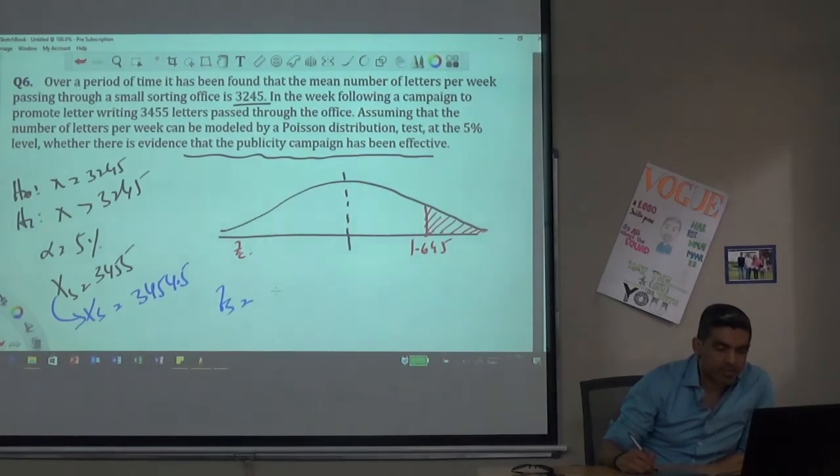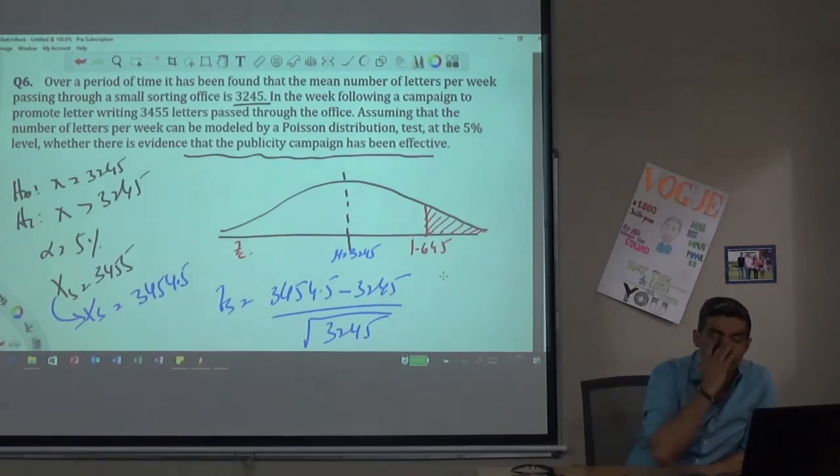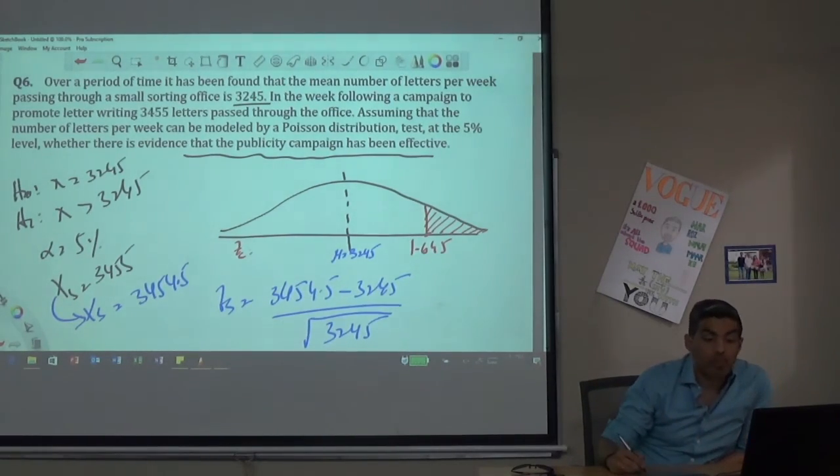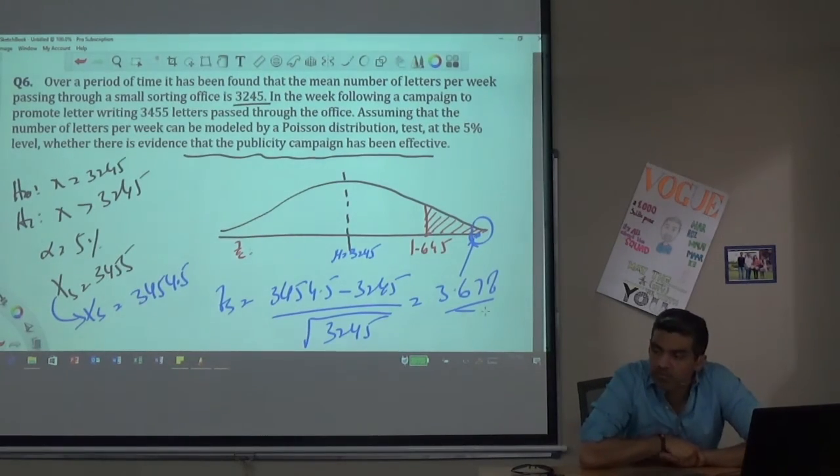And the Z statistic, how much? 3.678. We are very much in the corner of the graph.